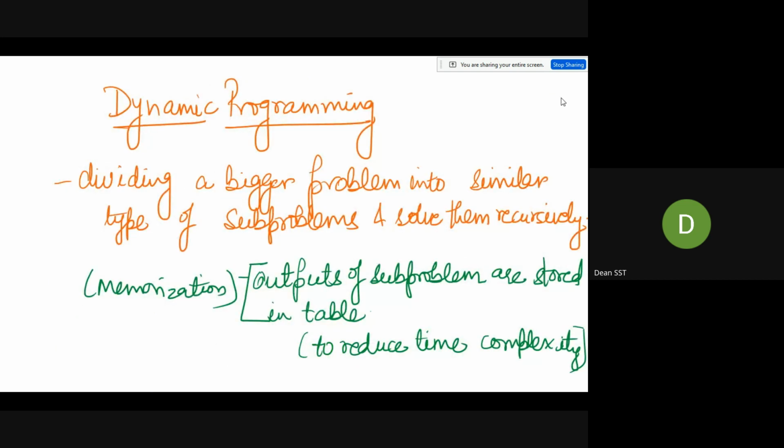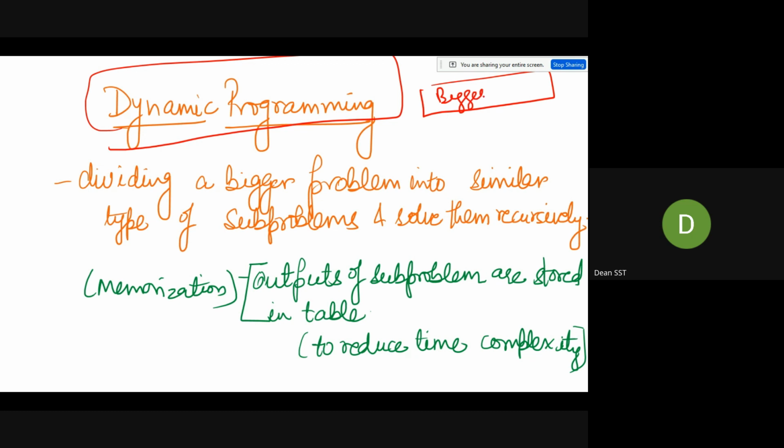How do dynamic programming problems make use of optimization? In dynamic programming, we divide a bigger problem into similar small problems. Suppose we have one big problem and we have divided it into 4 smaller problems.